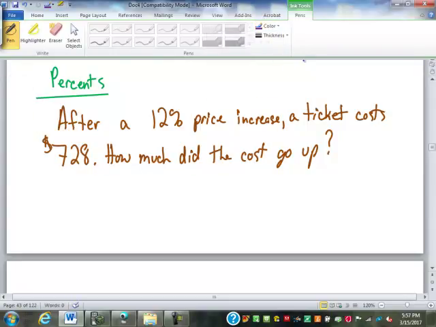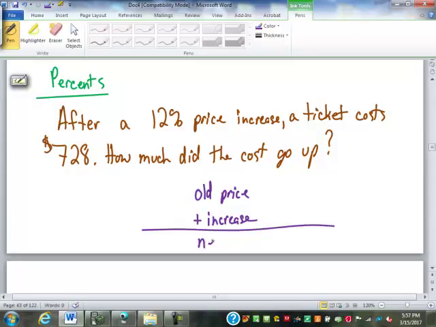If you remember, when we did these problems, we had a little chart we did. And the words we put in here didn't matter. We're going to have old price plus increase equals new price. This looking familiar at all? Good.